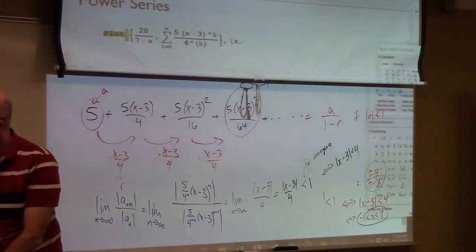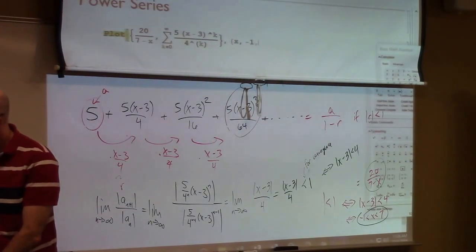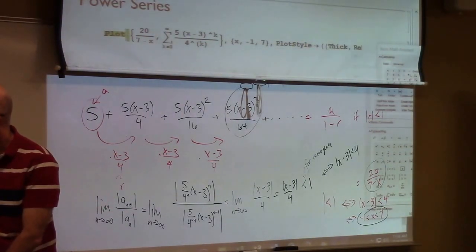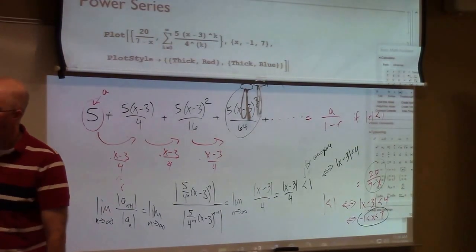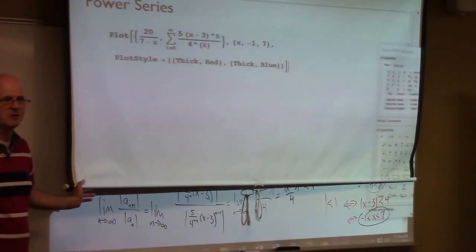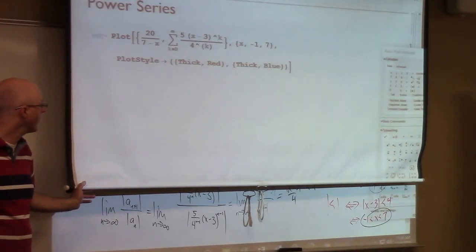Let's graph it over the interval of convergence, -1 to 7. What am I thinking I'm going to see here? Well, if one of them is red and one's blue, does that mean if they're really the same graph that we get purple? One purple graph?